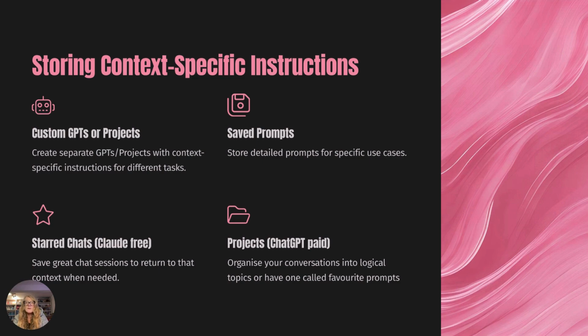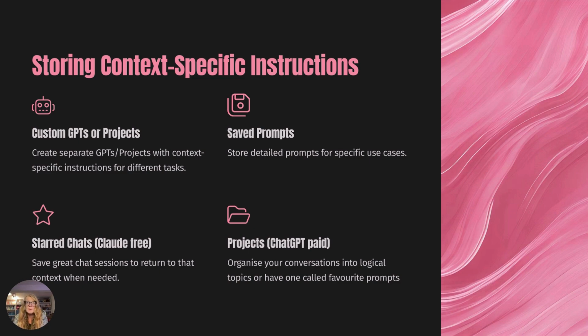Instead, you could use custom GPTs for ChatGPT Plus or projects for Claude Pro users. So if you have recurring types of tasks, you can create a separate instance for each one, and each can have its own custom instructions. Saved prompts or templates. Instead of making AI remember everything at the top level, save detailed prompts that include necessary constraints, and that way you can pull them up as needed.